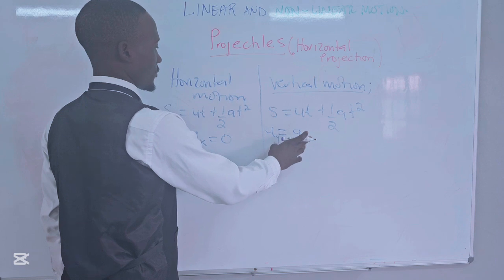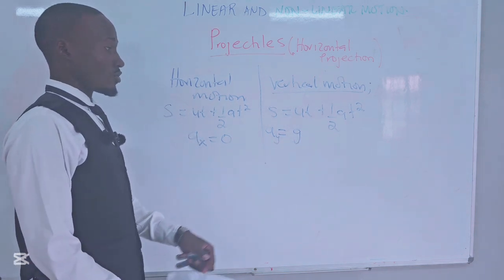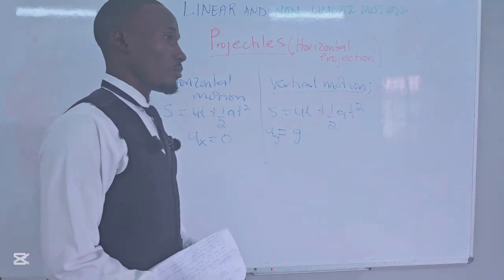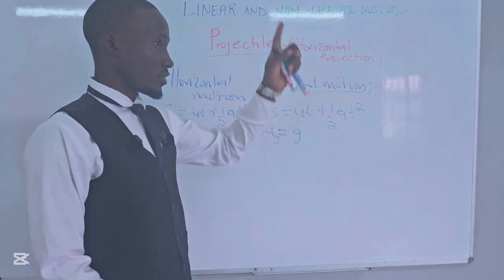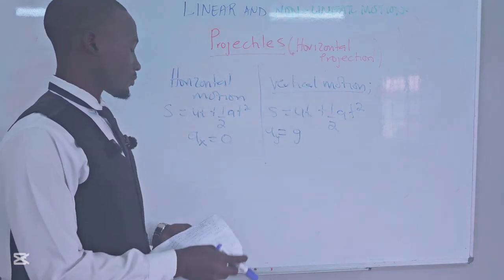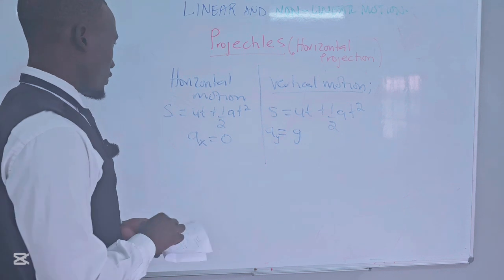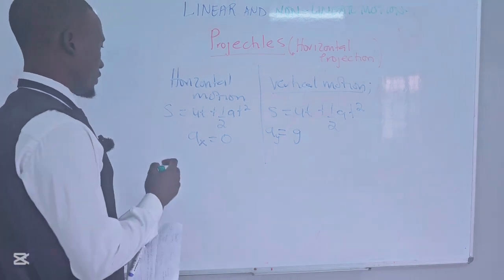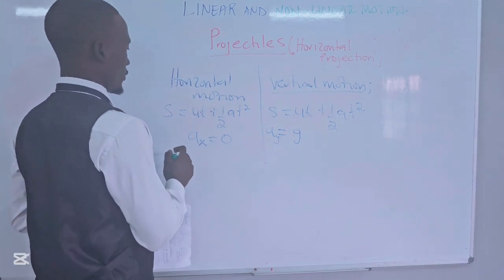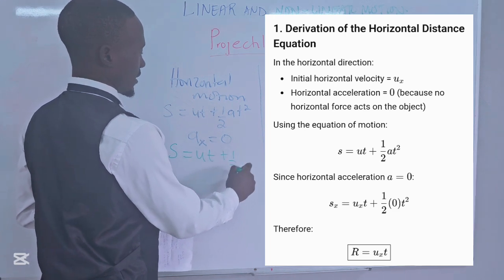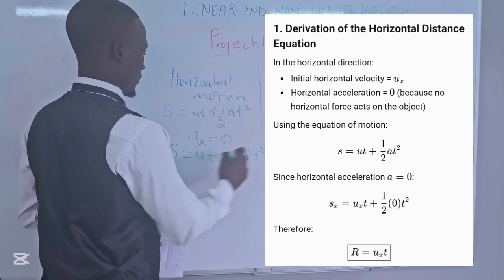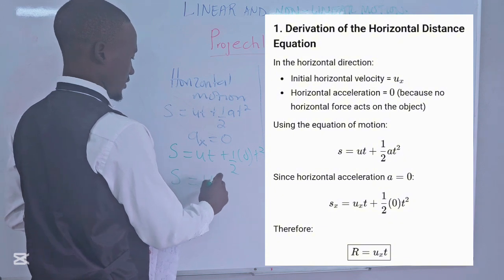The acceleration in the vertical motion is going to be g. Mind you, a motion under gravity is always in the vertical direction. So if we modify our equations, we have S is equal to ut plus a half 0 t squared, and this gives us S is equal to ut.